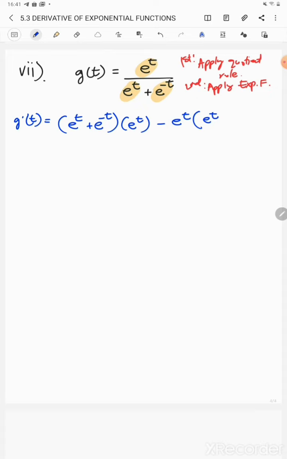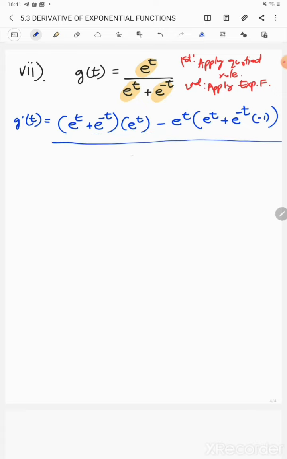And then the second one, e power of negative t, ln e, we get 1, differentiate negative t, we get negative 1.